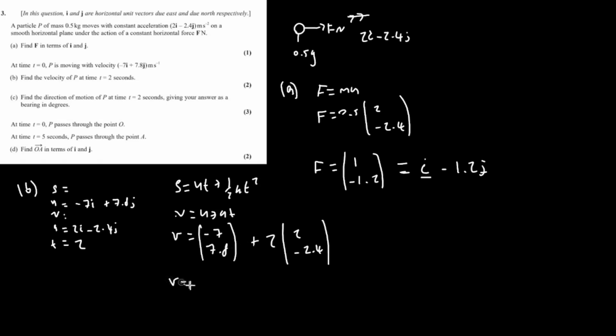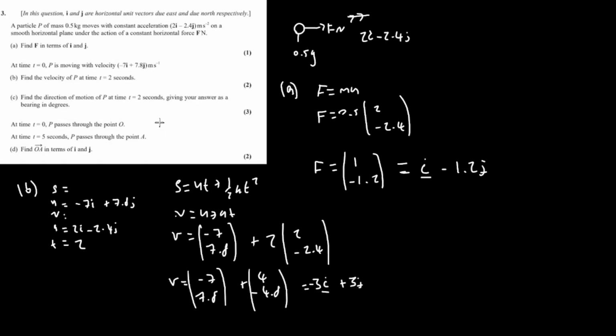So v equals minus 7, 7.8, plus 4, minus 4.8. Minus 7 plus 4 is minus 3. 7.8 minus 4.8 is 3. So v is minus 3i plus 3j. Cool. And that is part A and B done.